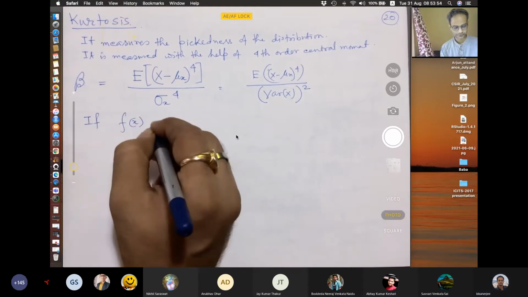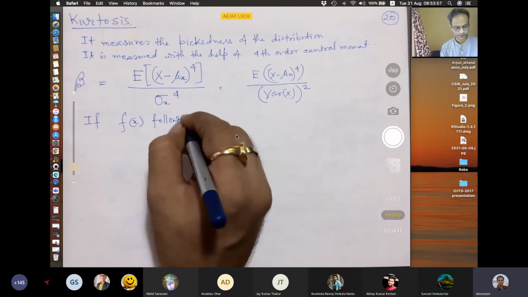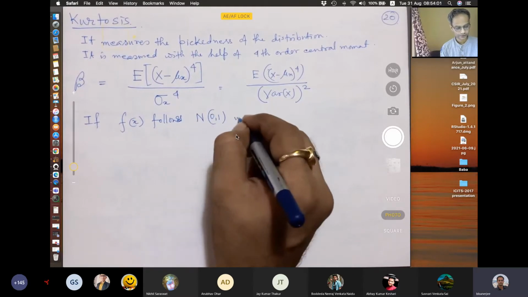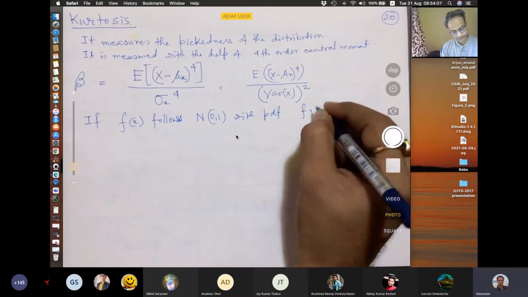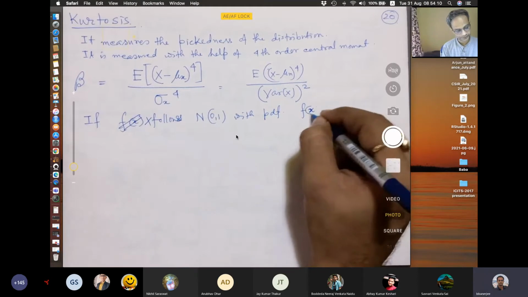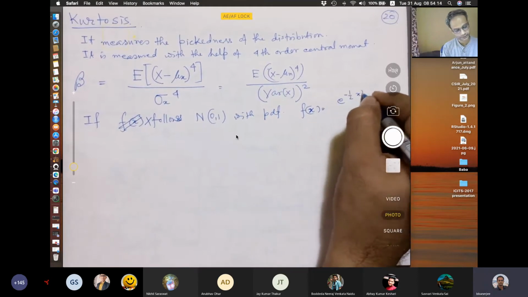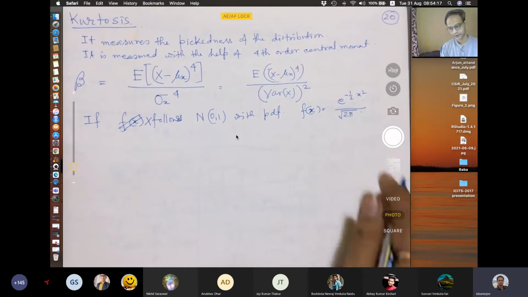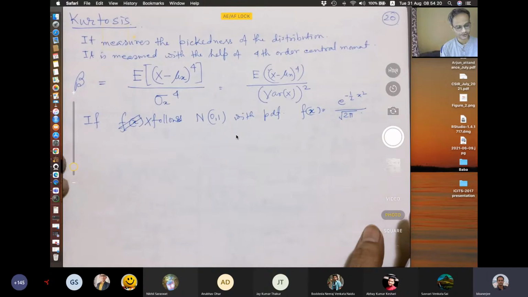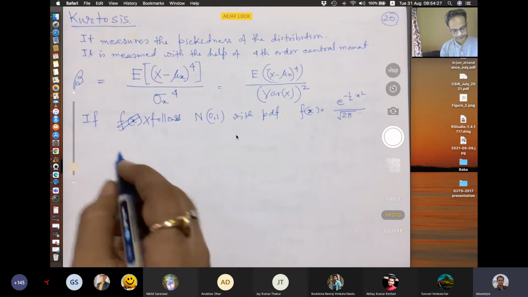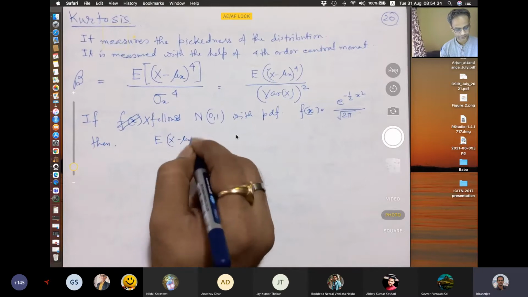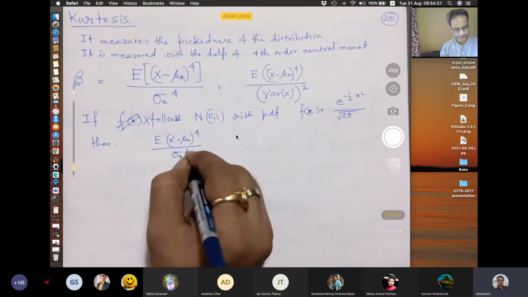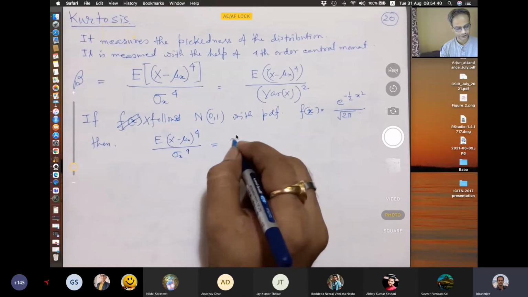And it is found that if X follows standard normal (0, 1) with PDF f(x) equal to e to the power minus half x square by root 2 pi, a very common and useful PDF in different domains, then expectation of (X minus mu_X) whole to the power 4 by sigma_X to the power 4 is found to be 3.